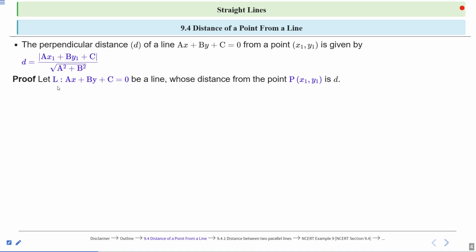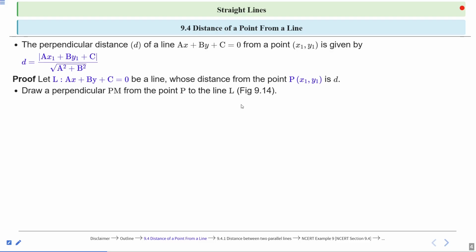So we let L, with ax + by + c = 0, be a line whose distance from the point P (x1, y1) is d, and we draw a perpendicular PM from the point P to the line L.